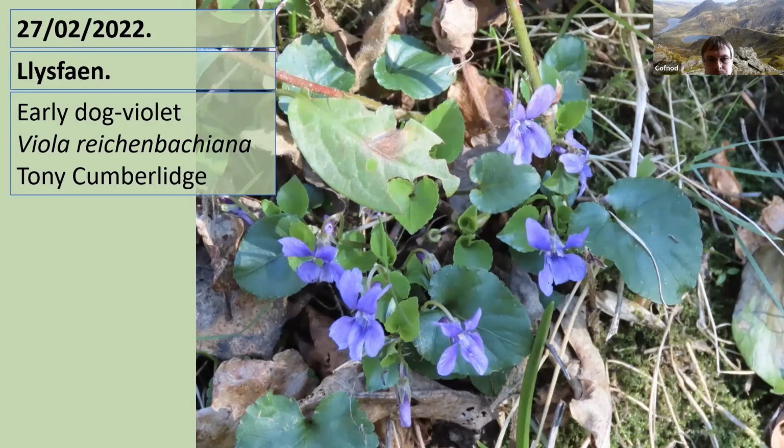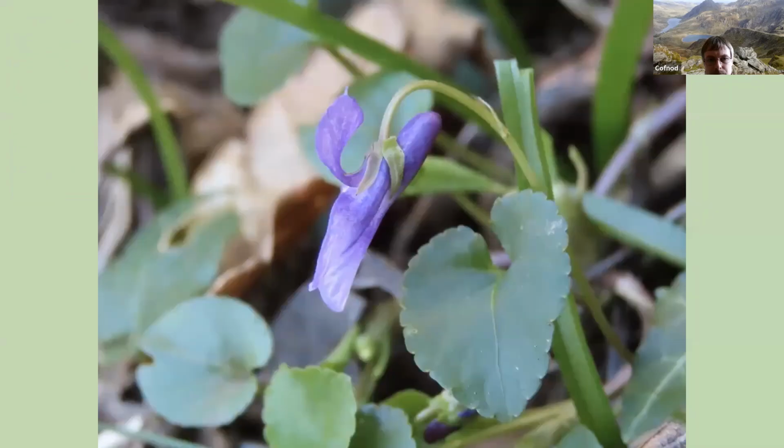What happens now? Richard's going to press a button. Tony sent me this one as well. There's the clincher. He is correct. It is early dog violet. Flowers in February, grows on limestone. There's the flower, and the two clinchers there, which distinguish it from everything else, are the sepals, which are pointed. Oh, got an arrow.